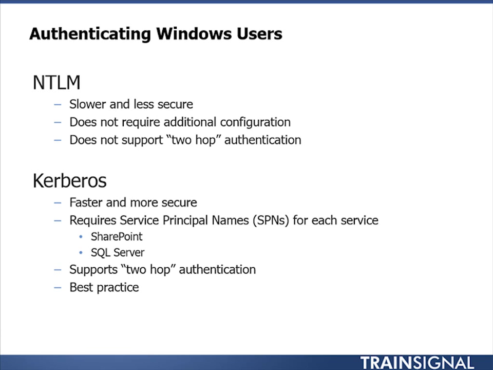That the command line utility is setspn, and this will need to be created again for SQL as well as for every single SharePoint web application and a few other applications inside of SharePoint as well. While it does require some additional configuration, it is considered a best practice.